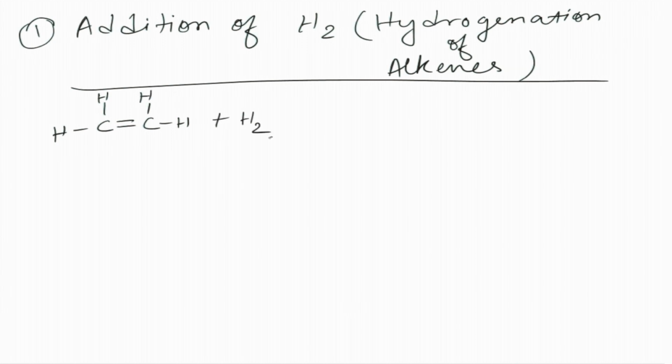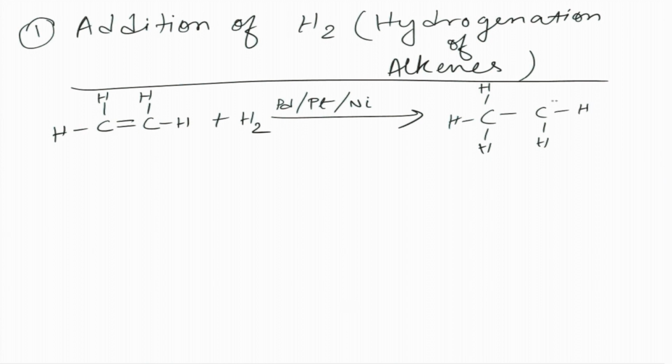When it adds with hydrogen in presence of a metal catalyst like palladium, platinum, nickel, etc., it gives ethane. Okay. So, alkenes undergo hydrogenation in presence of a metal catalyst to form the corresponding alkanes.